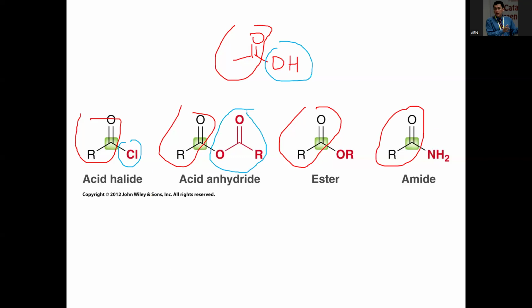They will make it an anhydride. The ether-type oxygen will make it an ester, and the amino will make it an amide. Okay, so those are all the 4 derivatives that we're going to learn from carboxylic acid. So carboxylic acid is the mother of these 4 kids: halides, anhydrides, esters, and amides.